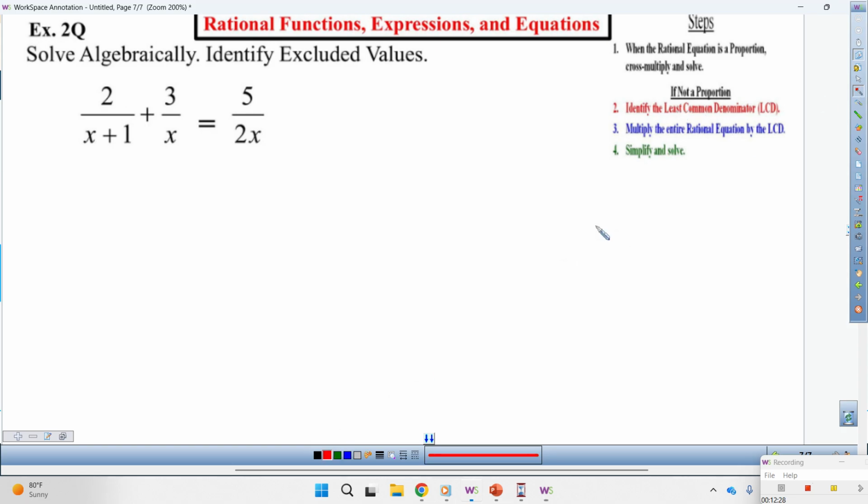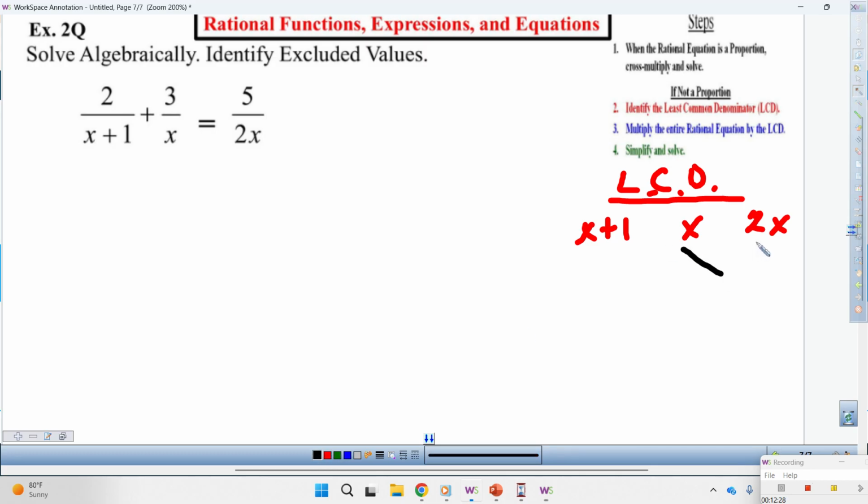So over here to the right of your paper, write L.C.D. And we write our three denominators. What are my three denominators? x plus 1, we got x, and we got 2x. So, start with the smallest ones. Look at this one and look at this one.